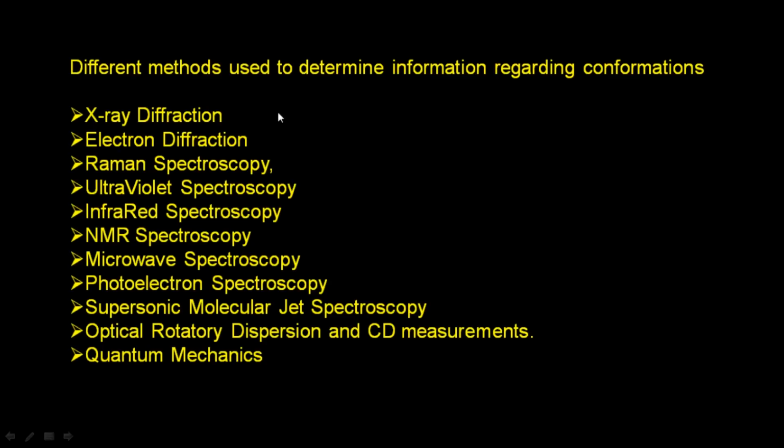Once we do the conformation search, we need to know whether the molecule has attained what is predicted in reality. As I had mentioned before, X-ray is a very good technique. It gives you the coordinates of the molecule, so we can cross check whether the conformation matches. Electron diffraction, Raman spectroscopy, ultraviolet spectroscopy, IR, NMR, microwave, photoelectron, supersonic molecular jet spectroscopy, optical rotatory dispersion, and quantum mechanics, which is a theoretical approach.